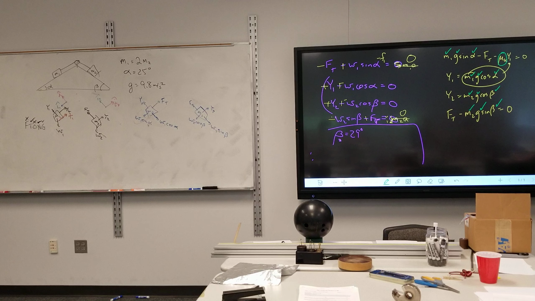But we've got 4 equations, so it works out. Adding the first and last equation again, we get M1G sine alpha minus mu k Y1, which is M1G cosine alpha, minus M2G sine beta equals 0.